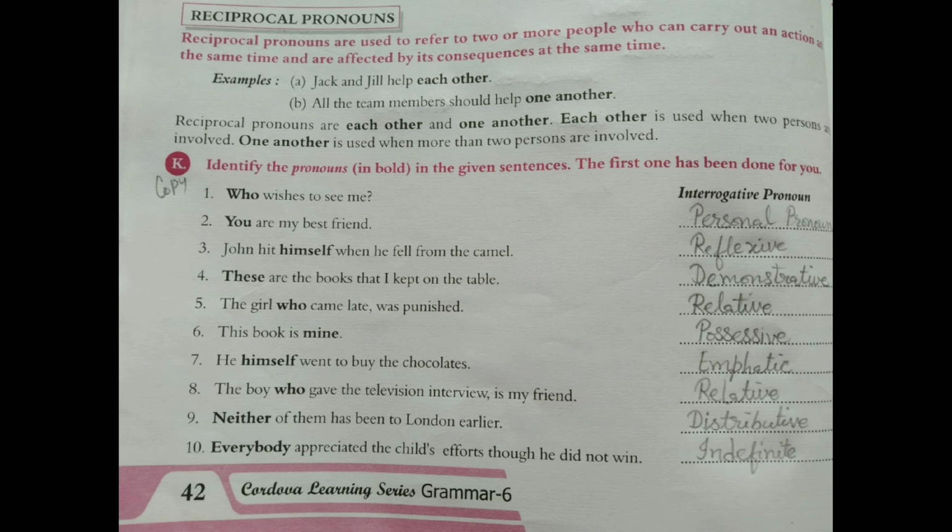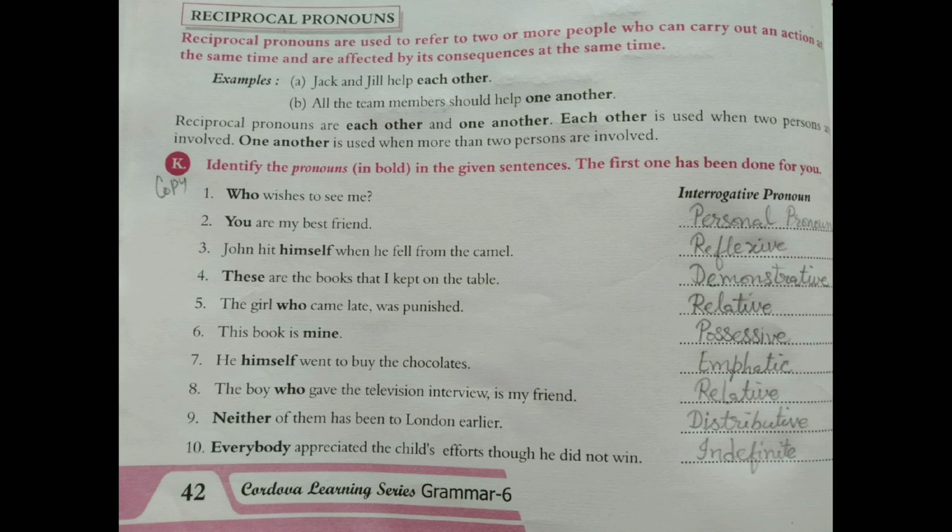We have reached the last type of pronouns, reciprocal pronouns. Reciprocal pronouns are used to refer to two or more people who can carry out an action at the same time and are affected by its consequences at the same time.